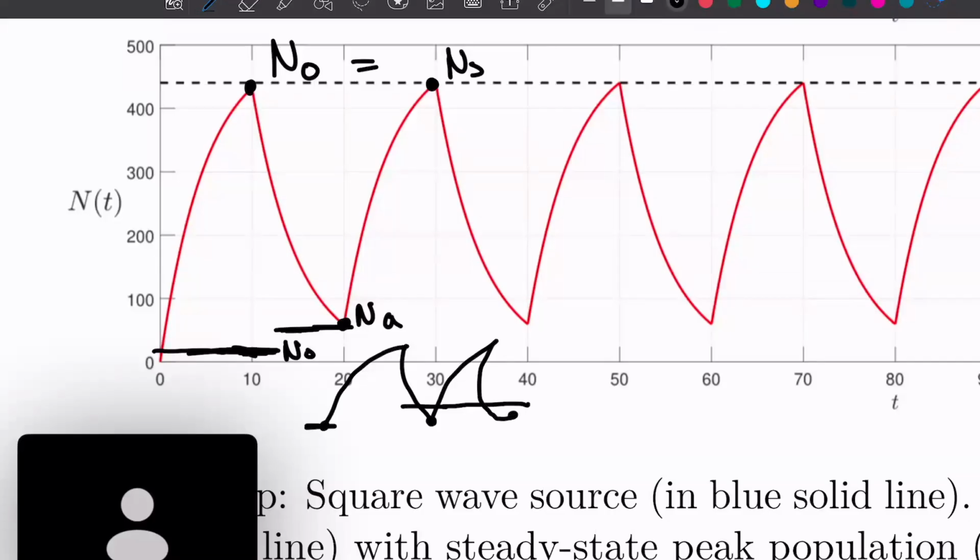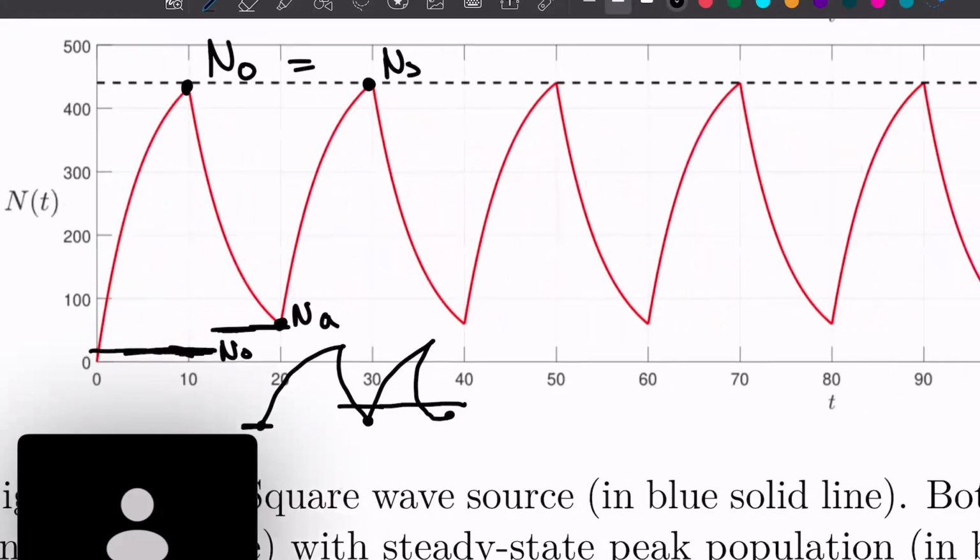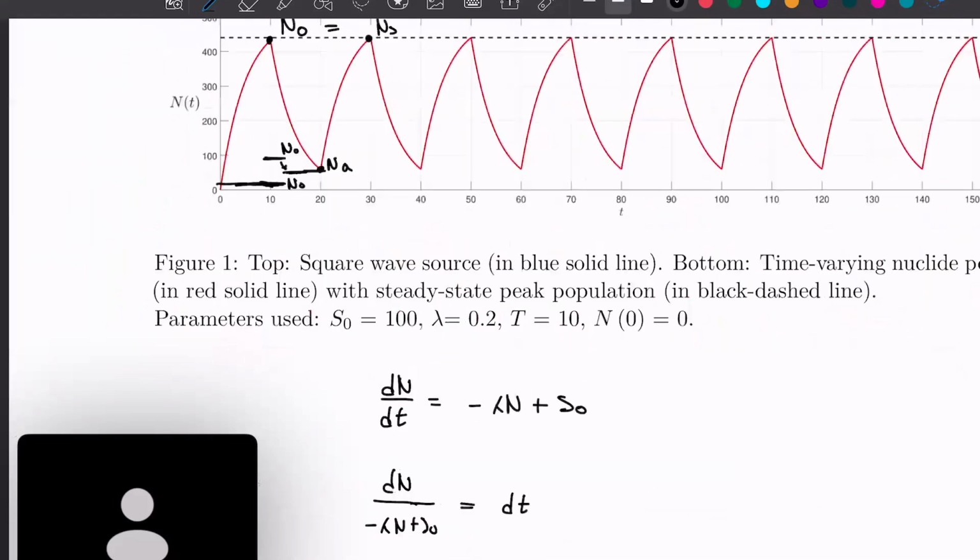So if I keep repeating this, it will keep going closer. That will show that if your initial population was below NA, it will approach NA. And similarly, if your initial population was above NA, then it will decrease and go to NA with continuous periods like this. So that's one way to prove it.